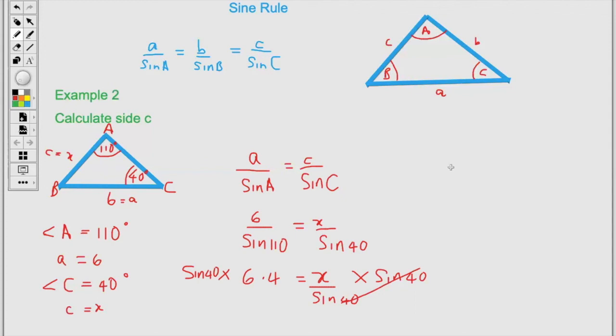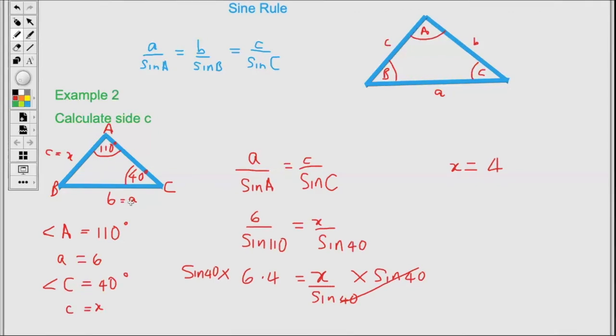So what we're left with is x is equal to sine 40 times 6.4. Now entering this into your calculator, we'll round the answer off to a whole number, so the answer is 4. So the missing side is 4.